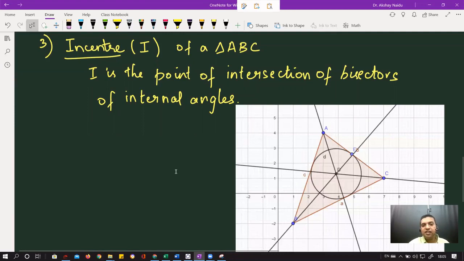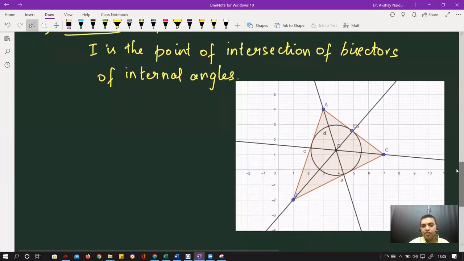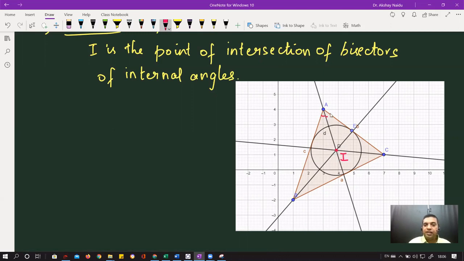So the interesting thing about incenter is the distance of the incenter from the sides AB, BC and CA will be equal. Okay. So this is incenter. We are denoting the incenter by I. These are bisectors of angle. This will be angle A by 2, this will be angle A by 2. This is B by 2 and B by 2.